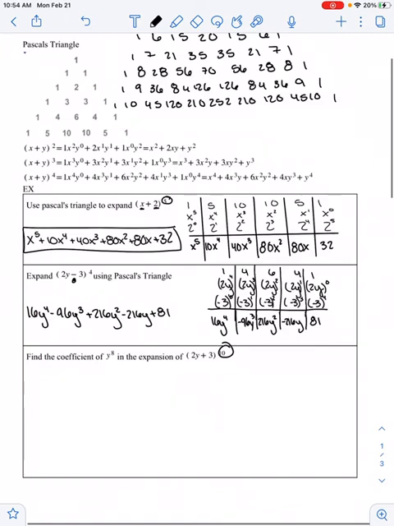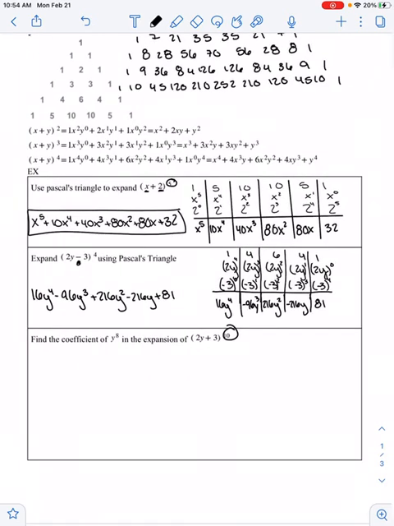All right, that's the row we need. So I'm going to write those out. 1, 10, 45, 120, 210, 252, 210, 120, 45, 10, 1.